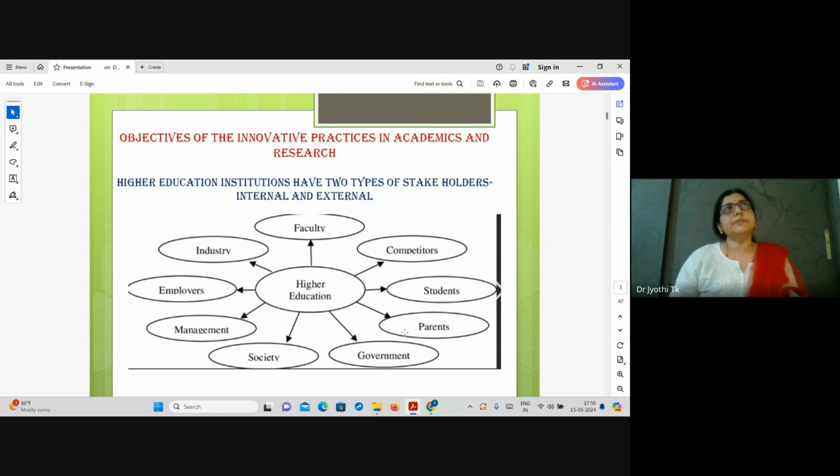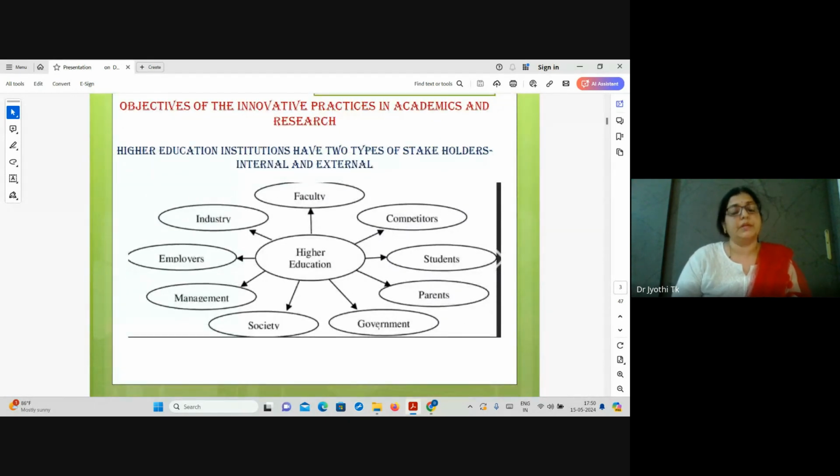Especially these internal stakeholders play a crucial role in shaping the college activities, policies, and overall success. Their engagement and collaboration are essential for effective higher education management. These stakeholders can mold the students and achieve organization objectives.